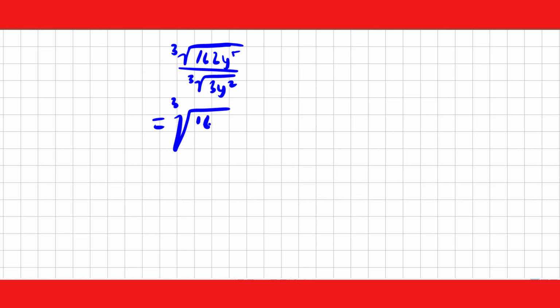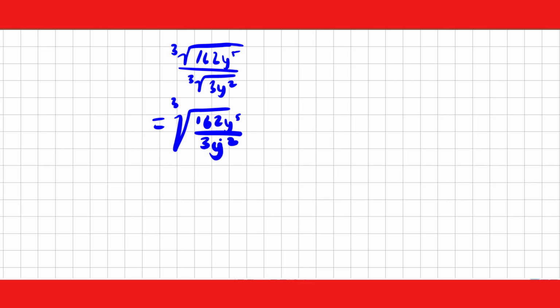So let's take one a little bit further again. The cubed root of 162y to the fifth divided by the cubed root of 3y squared. All right, so what we're going to do is put it all over the cubed root value of 162y to the fifth over 3y squared.